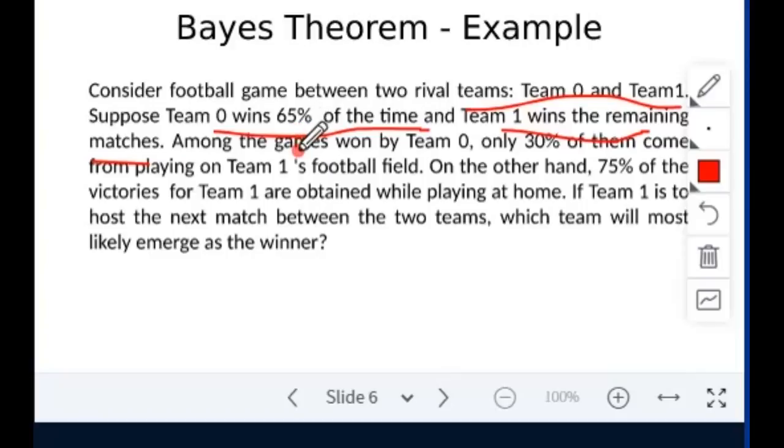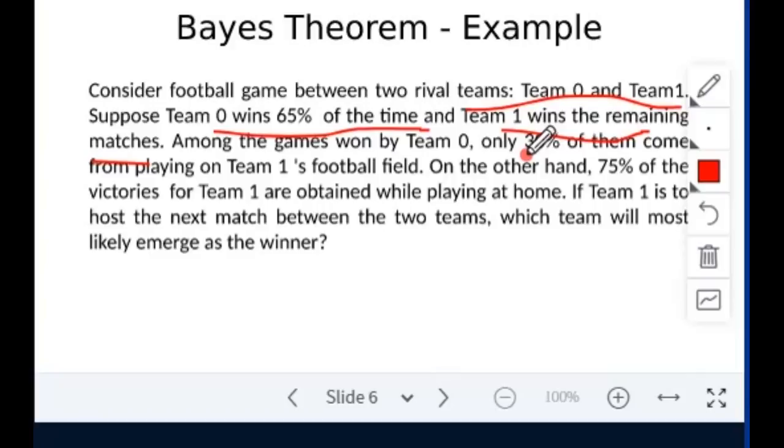But among the games won by Team 0, say they played 10 football games, only 30% were played on Team 1's field. That means three games, out of which they have won 65%. So only 30% of them come from playing on Team 1's football field.